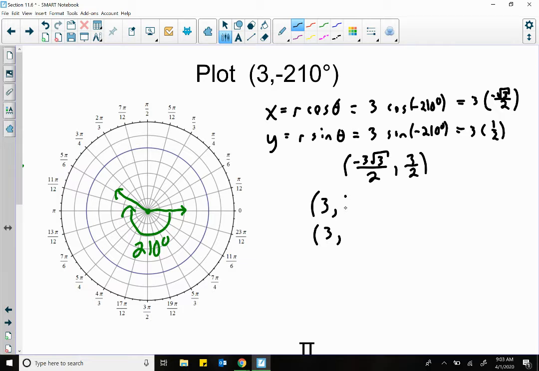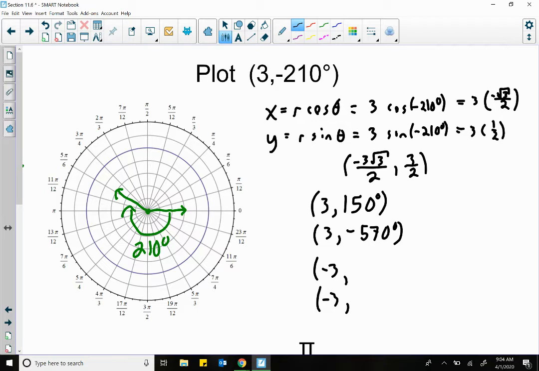So another point that yields that same picture you just see over there is 3 comma 150. So if I take negative 210 and subtract 360, I get 3 comma negative 570 degrees. If I use the opposite pole, so negative 3, all I'm going to do is take this angle and add or subtract 180.